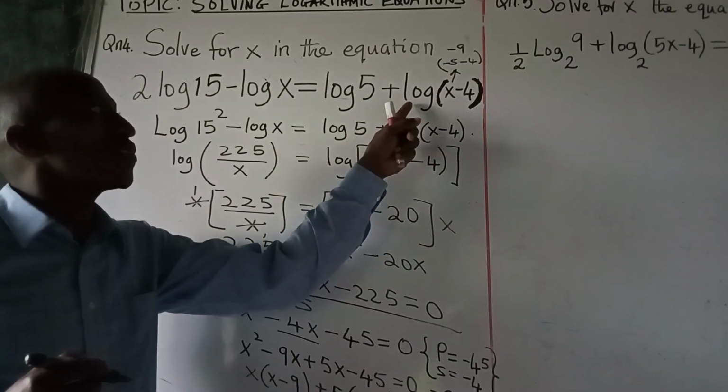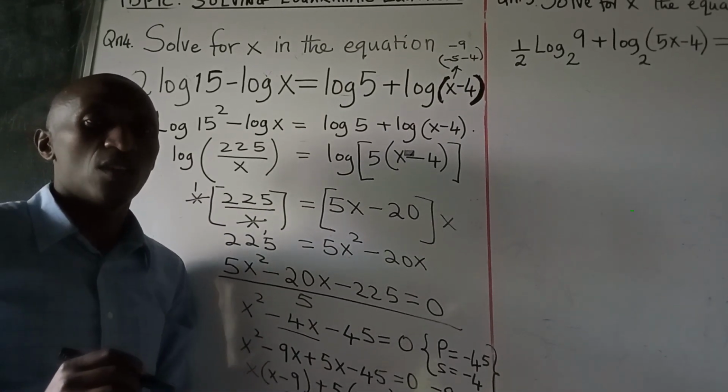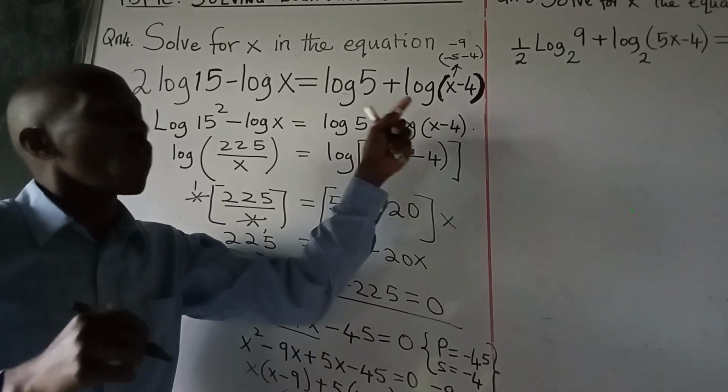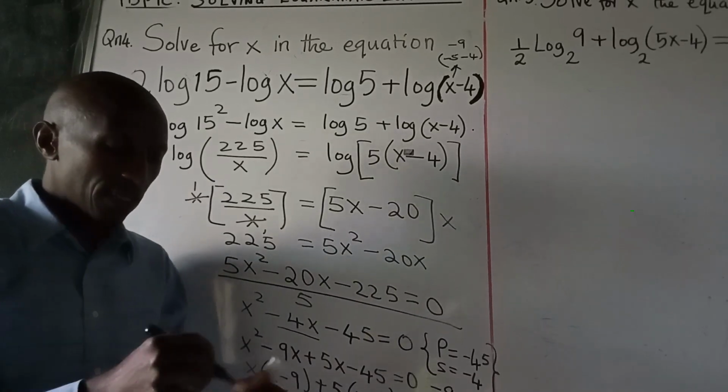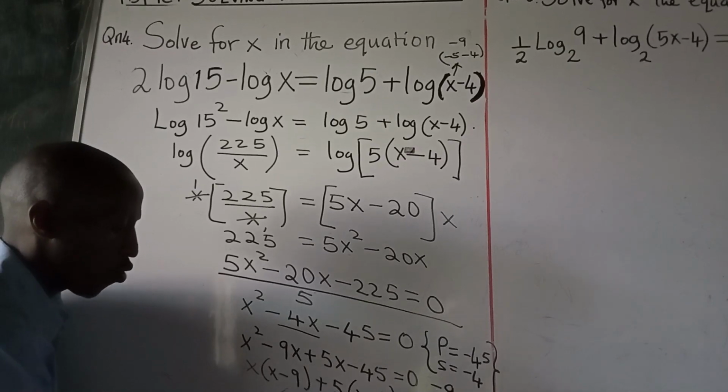Now, viewers, it is important to realize that there are no logarithms of negative numbers, such that x equals negative 5 must be disqualified.